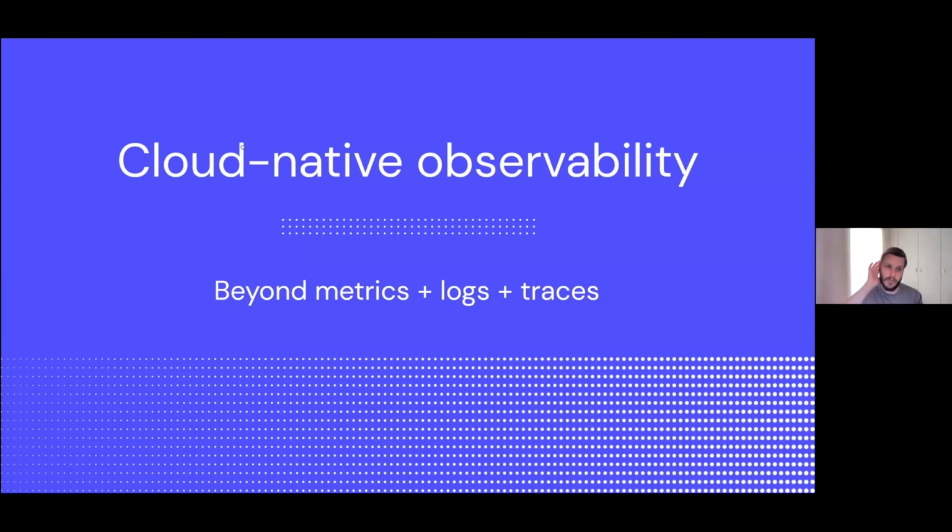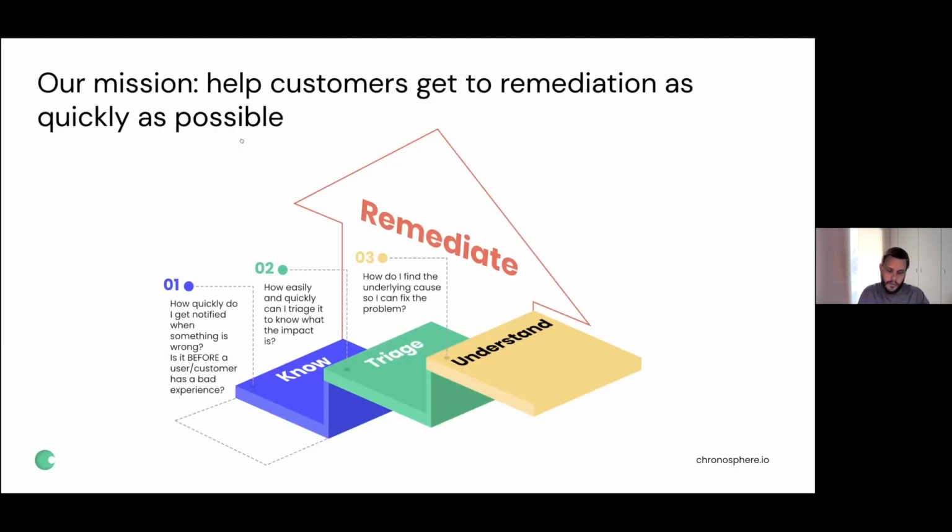So, cloud native observability. Monitoring has obviously come a long way, but there are still some things that at the crux of it stay true, but it's also a pretty complex world, especially with a cloud native stack. Talking through how I view observability, a lot of folks say that if you have metrics, logs, and traces, then you have observability, and it's just about getting better at metrics, logs, and traces.